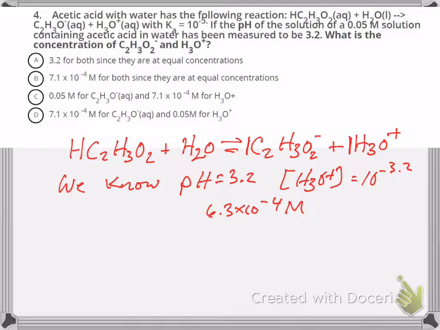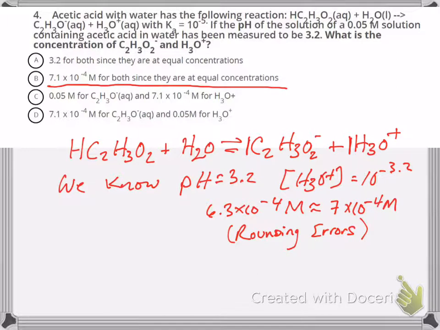So if we know that 6.3 times 10 to the minus 4 molar is the concentration of H3O plus, there were some rounding errors on my part because of some assumptions I made, but the main thing is they have to be equal concentrations, right? There's no argument you can make that any of the other answers is correct. Each time one of these dissociates, you make one of each. We know how much there is of H3O plus, so we must automatically know how much C2H3O2 minus is there.